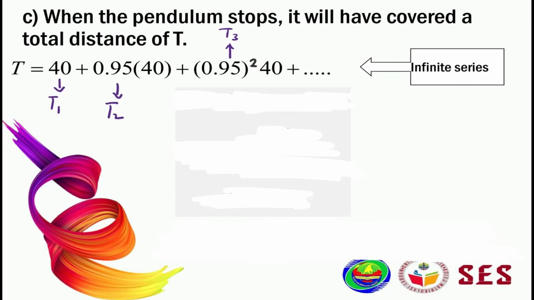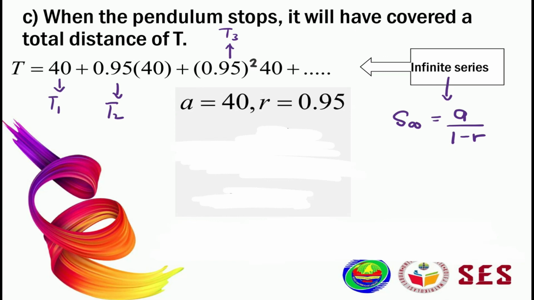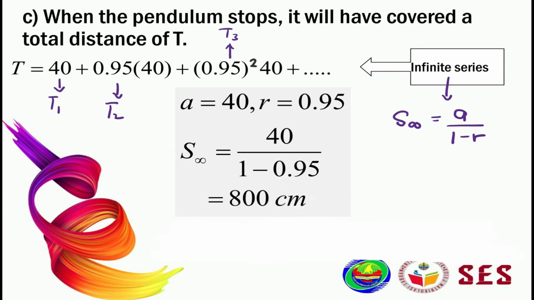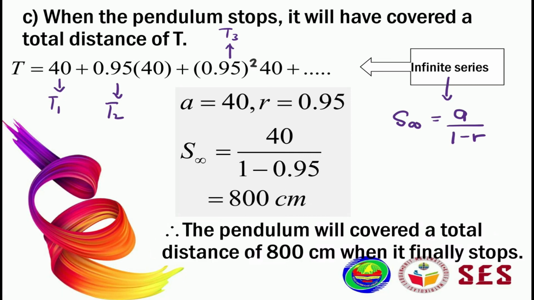So when we have an infinite series, we can use the formula of S to infinity is equal to a over 1 minus r. So we know that the value of a is equal to 40 and r is equal to 0.95. So we substitute into the equation, then we get the total distance covered is 800 centimeter when it finally stops.